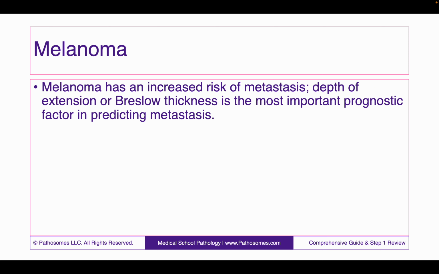Melanoma has, and this is important, increased risk of metastasis with vertical growth. Depth of extension, or Breslow thickness, is the most important prognostic factor in predicting metastasis of melanoma.